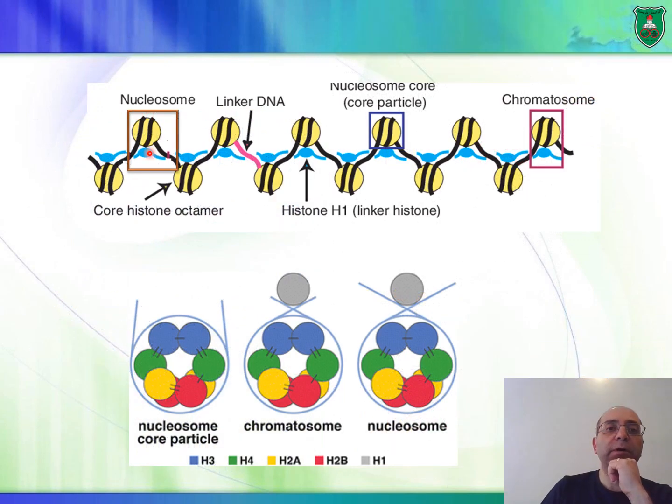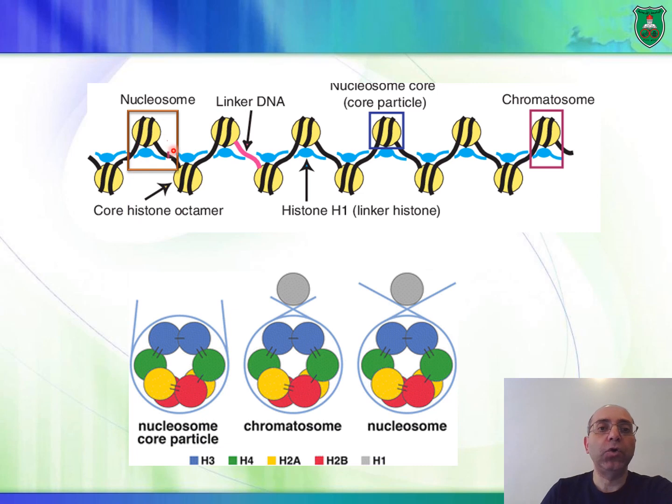This is another view of the different structures. The yellow circles represent the histone octamer: H2A, H2B, H3, and H4, 2 of each. Here you have the nucleosome core, where you have the octamer plus the DNA that is wrapped around it. Here you have the chromatosome, the nucleosome core plus the histone 1 protein.